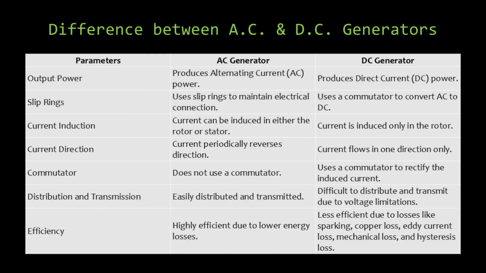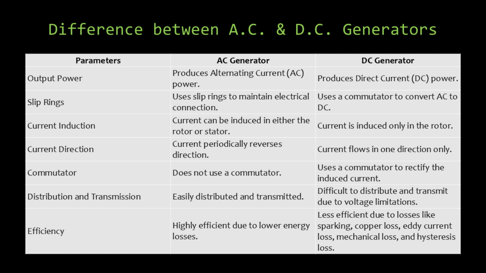Let's compare AC and DC generators. The key differences start with their output. AC generators produce alternating current, while DC generators produce direct current. AC generators use slip rings, whereas DC generators use a commutator.